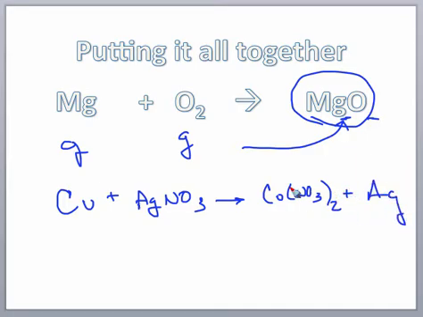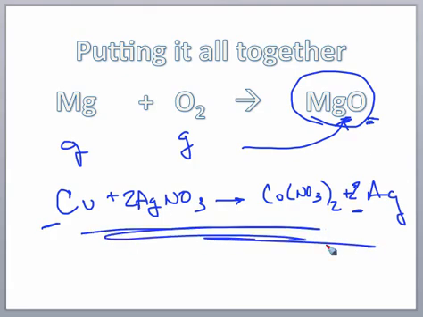And when we balance this equation, we're going to have a 2 and a 2 there. So in this problem, what we're trying to do is prove the mole ratio of copper to silver in the formula. But in this lab, the magnesium, we're trying to prove the mole ratio of magnesium to oxygen. So this will be our next lab, which will do the same idea, but will form a different mole ratio.